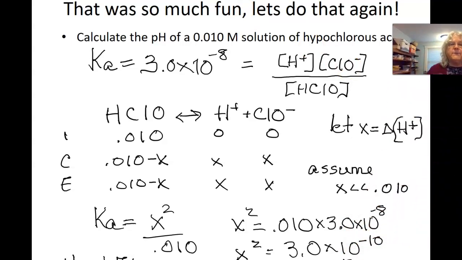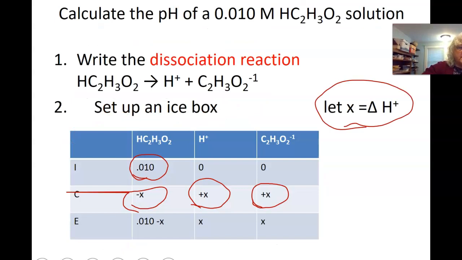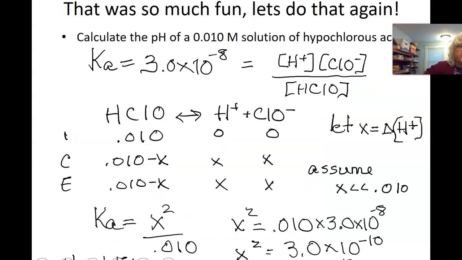So we're going to calculate the pH of a 0.010 molar solution of hypochlorous acid. I looked up the Ka, I wrote the equilibrium expression, and then I set up my ICE box. My starting concentration is 0.010.